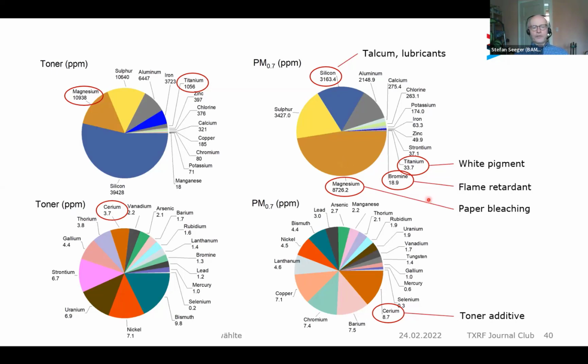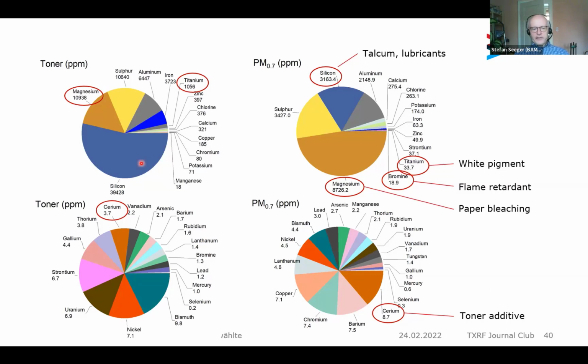If you go to the elements which appear in very small concentrations, we see, for instance, cerium in the toner. Cerium is, well, quite an expensive material, but it is in the toner on purpose. It is there as an additive which eases the separation of the toner from the photo drum in the printer, so it makes it easier to separate the particles from this drum and to regain the excess particles back into the particle container.